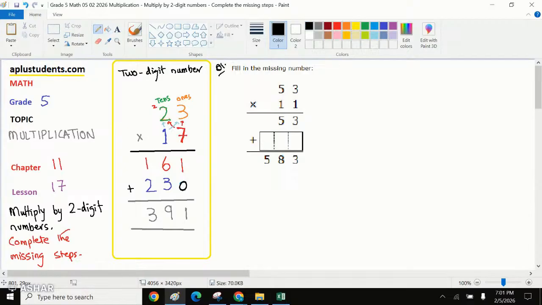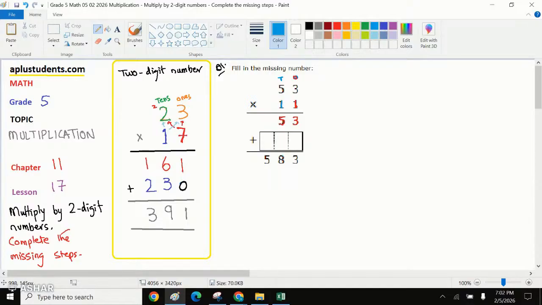They're saying 53 is being multiplied by 11, right? So I'll just highlight by a color. When this 1 was multiplied by 3, we got a 3. 1 multiplied by 5 is a 5, right? But the second one is in the position of tens. This was ones, right? Ones with the red, tens with the blue, okay?